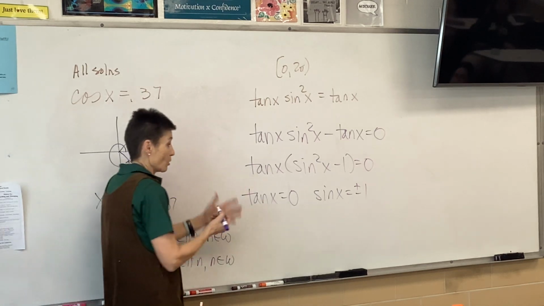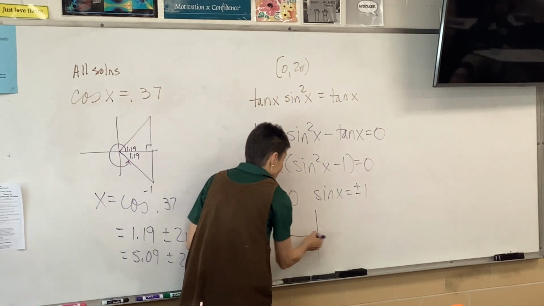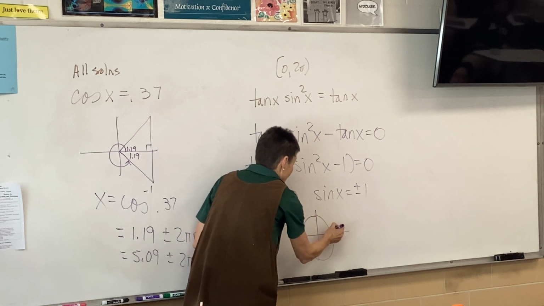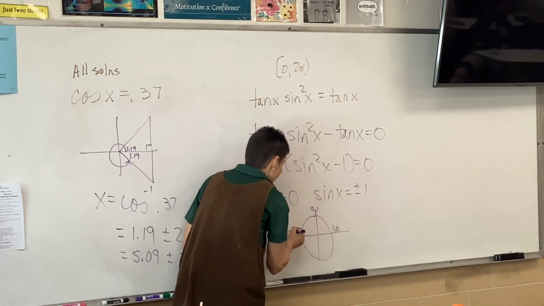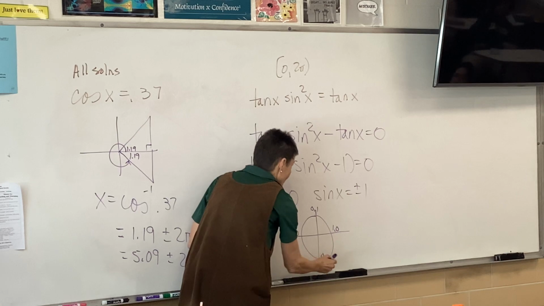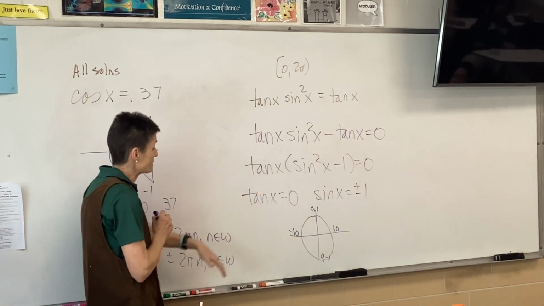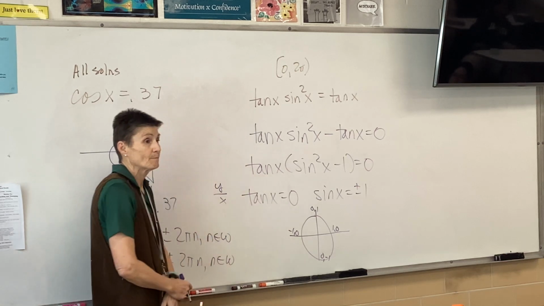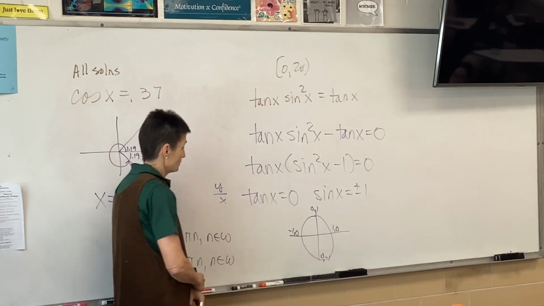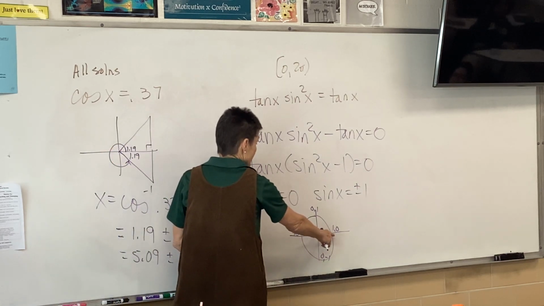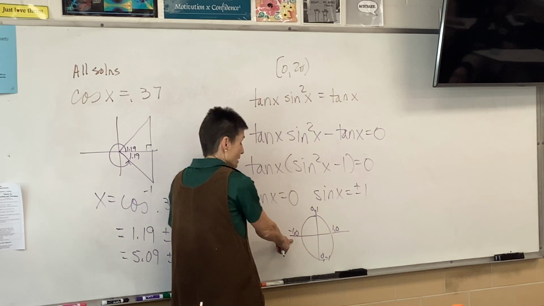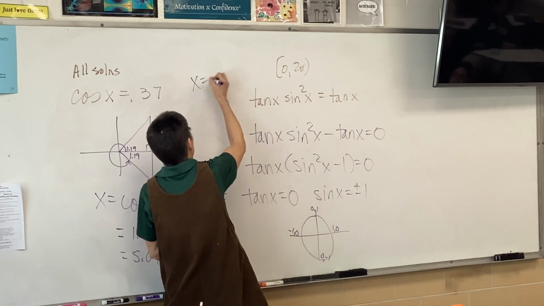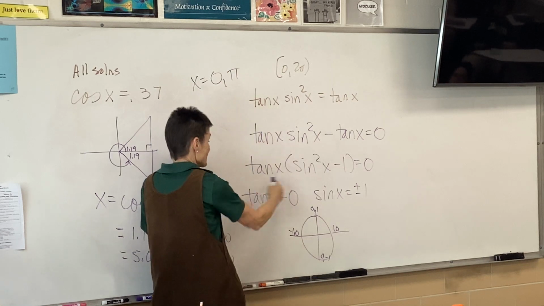All those angles are quadrantal, so I'm just going to look at my circle, and I'm going to look around the circle, and I'm going to figure out, are there any places where the tangent, which is y over x, is 0? Well, I think the tangent's 0 right there, isn't it? And right here? So that would be 0 and pi for this part of the problem.